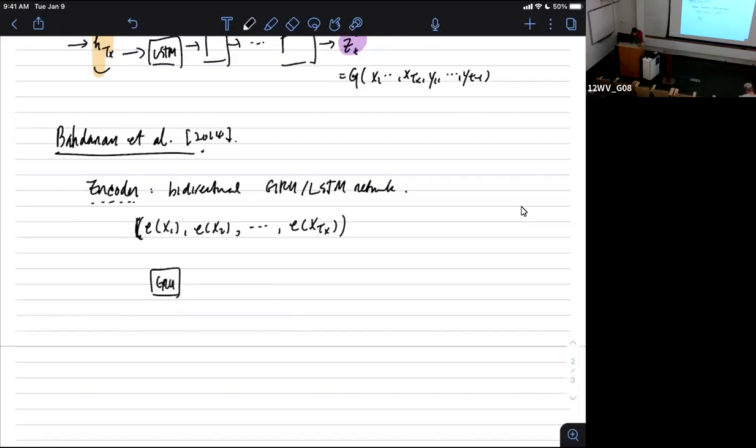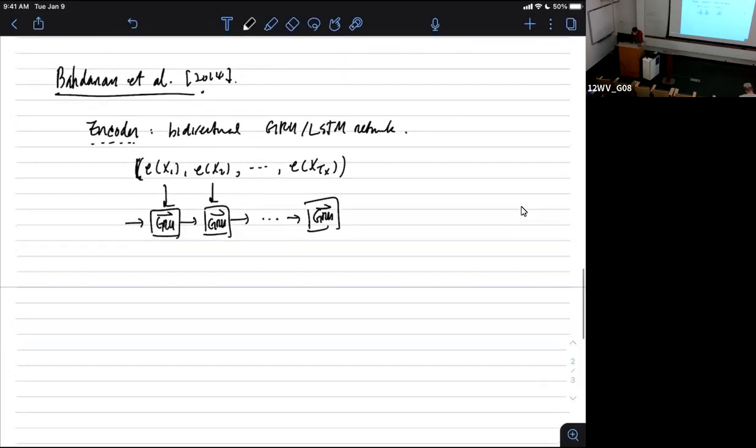Let's say I call it GRU, the forward gated recurrent unit. It is going to read one word at a time from left to right. And then we will have a backward, or the reverse, gated recurrent unit, that's going to read the same sequence, but from right to left.